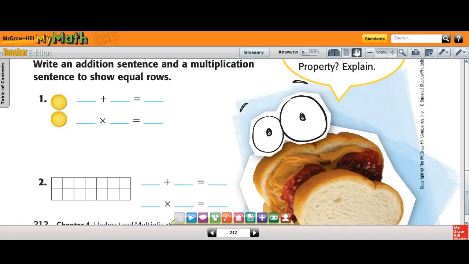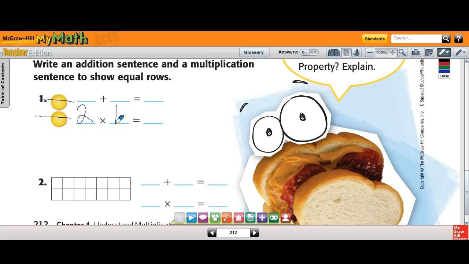It says write an addition sentence and a multiplication sentence to show equal rows. Let's do this. How many rows does it have? How many in each row?